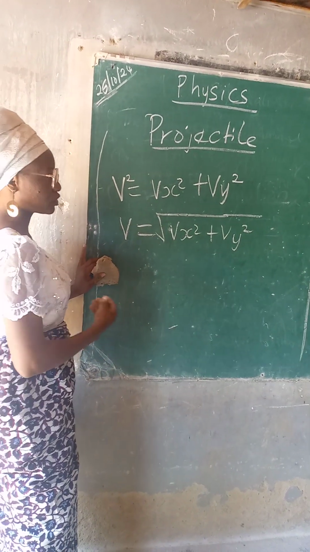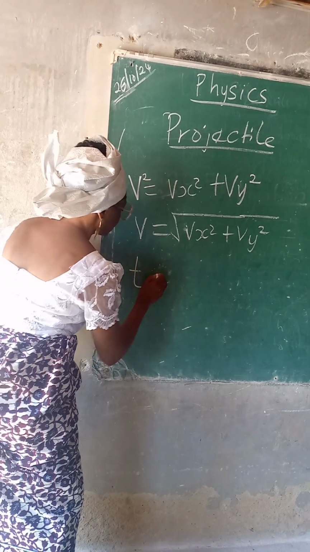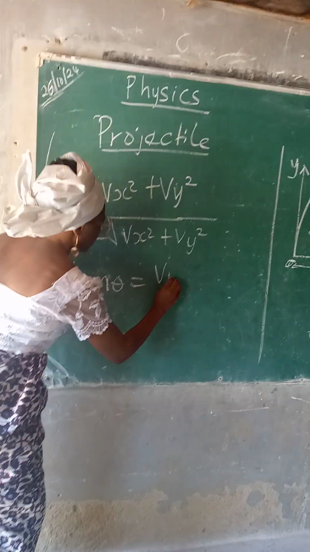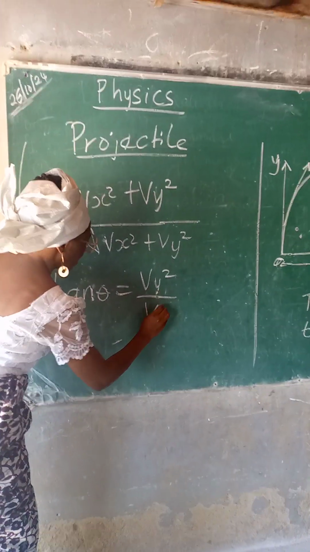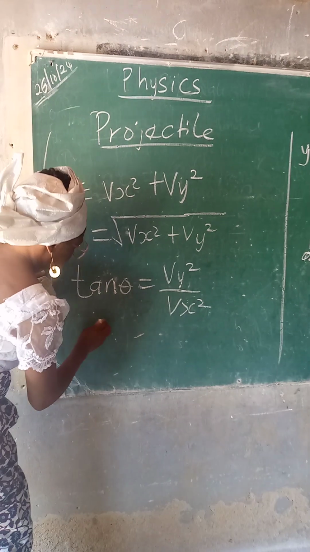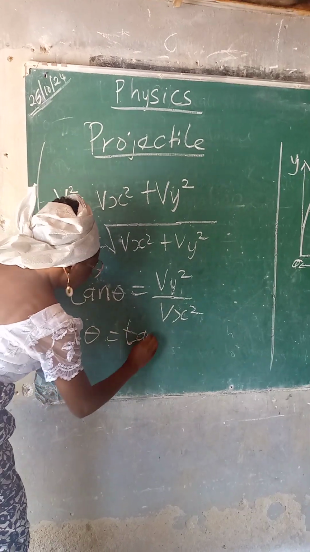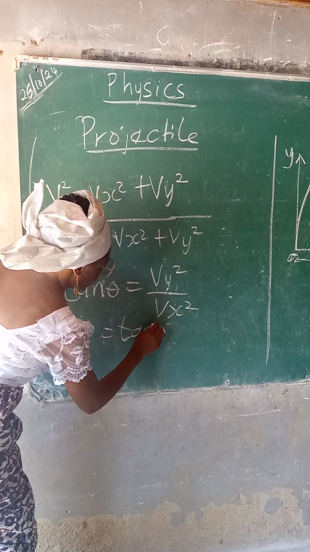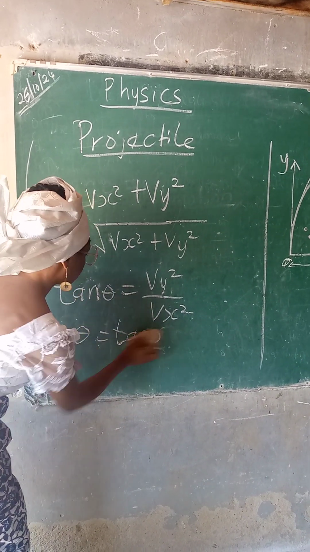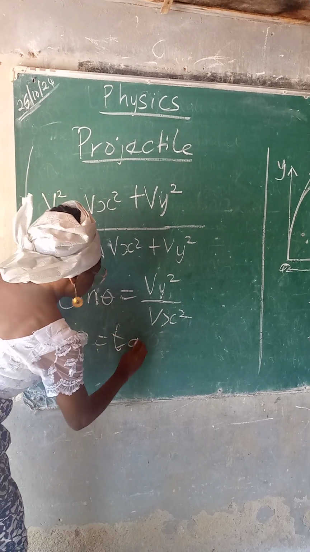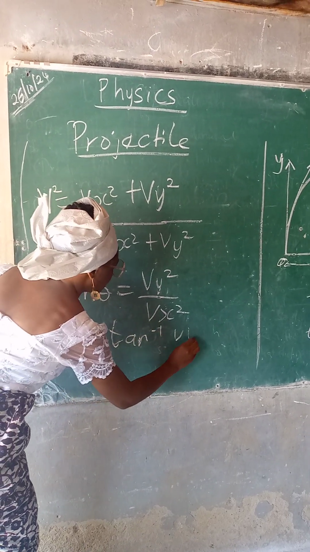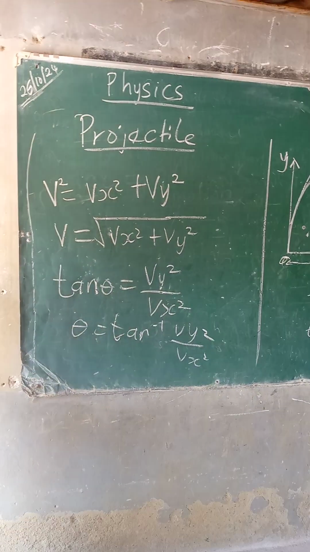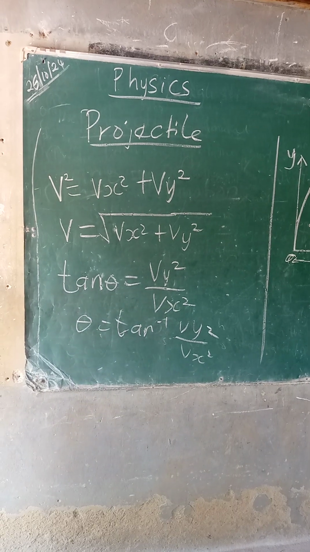If you want to find the direction of this problem, it's simply tan theta is equal to Vy over Vx. Theta will then be equal to tan inverse of that.